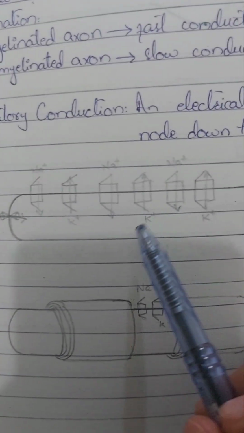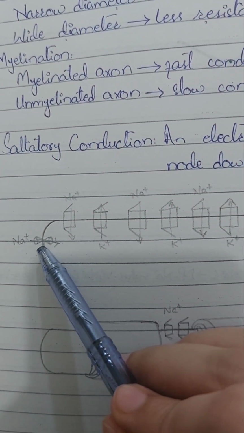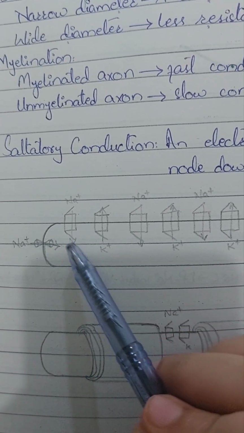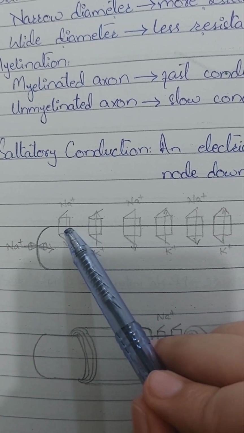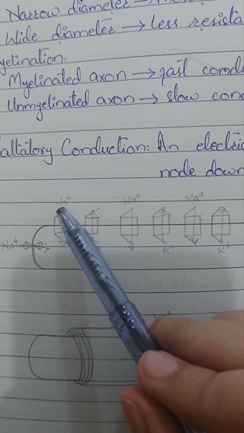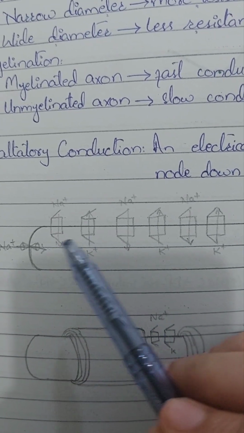Here is the unmyelinated axon. When we give the stimulus, there is sodium influx, and when the threshold is achieved, the voltage gated sodium channels open and depolarization occurs.